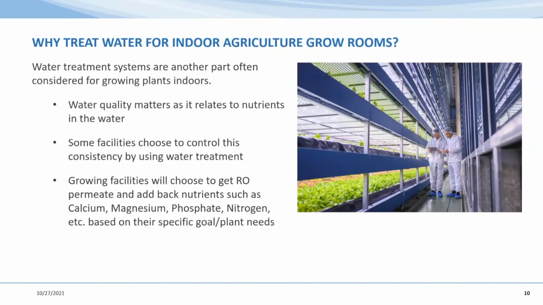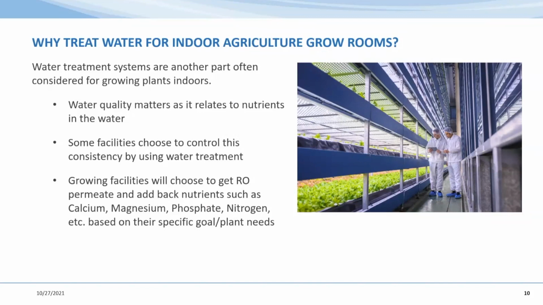Whether that facility has one location or has multiple locations spread throughout the country or the world, water quality differs based on a lot of different things: your source water, how that's treated, etc. So what a lot of people would like to do is get to a commonality point and get to a baseline, and add back in nutrients that they find sufficient for their type of growing application.